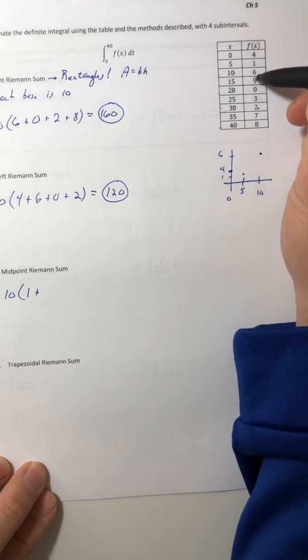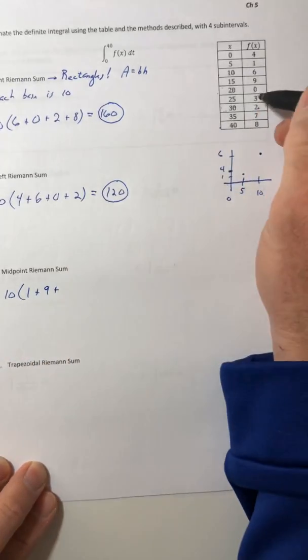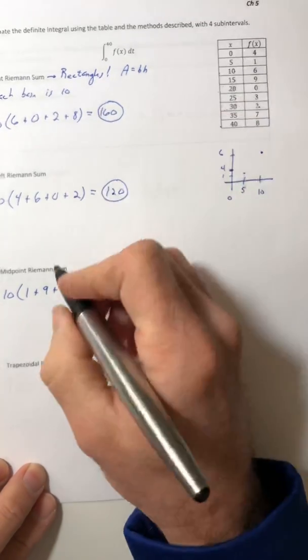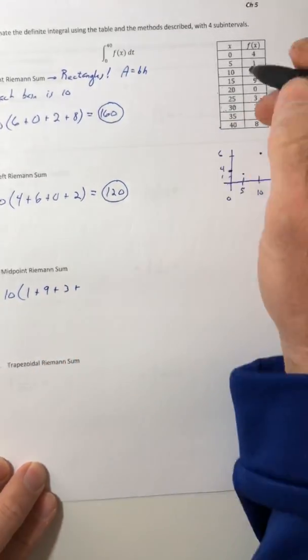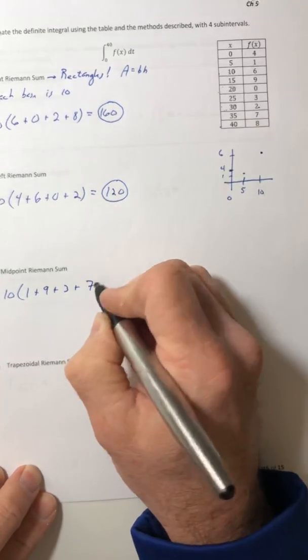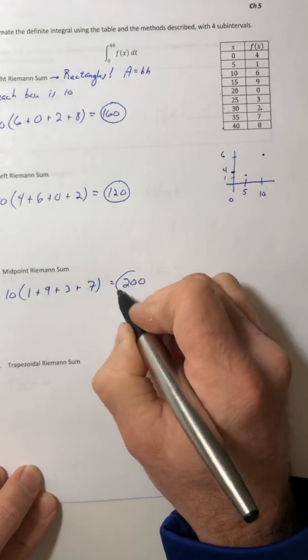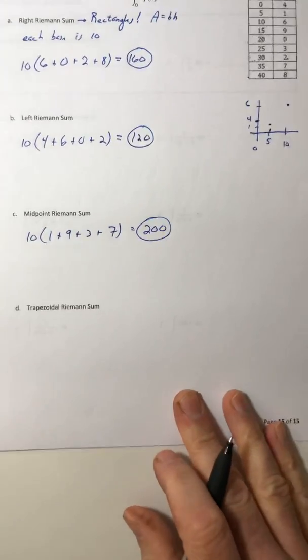Next one would be 15, and its height would be 9. Next, the 25, its height is 3. And then the last, the 35, and its height is 7. And you get 200.